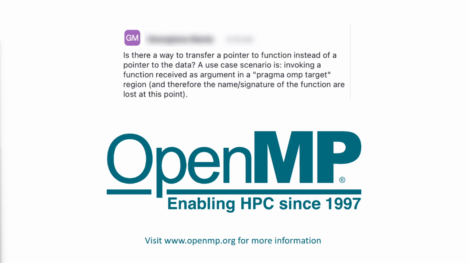But OpenMP is perfectly happy, if you're talking about C++, to map something like a lambda expression. That works at least in the most common cases. And as I said, we do have basic support for function pointers in OpenMP. So it may be that your use case is covered, but it may also be that it is not, because I'm not exactly sure what you're trying to achieve here.